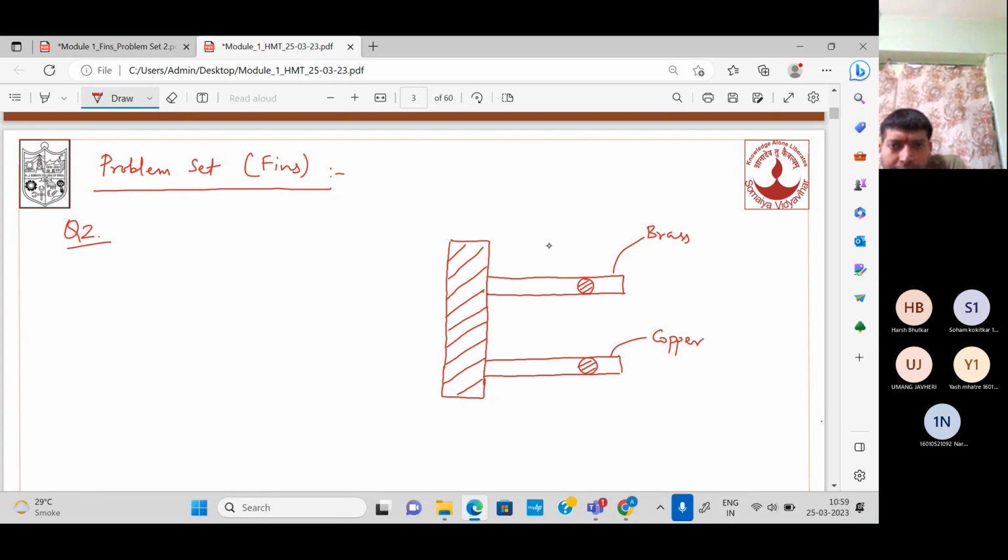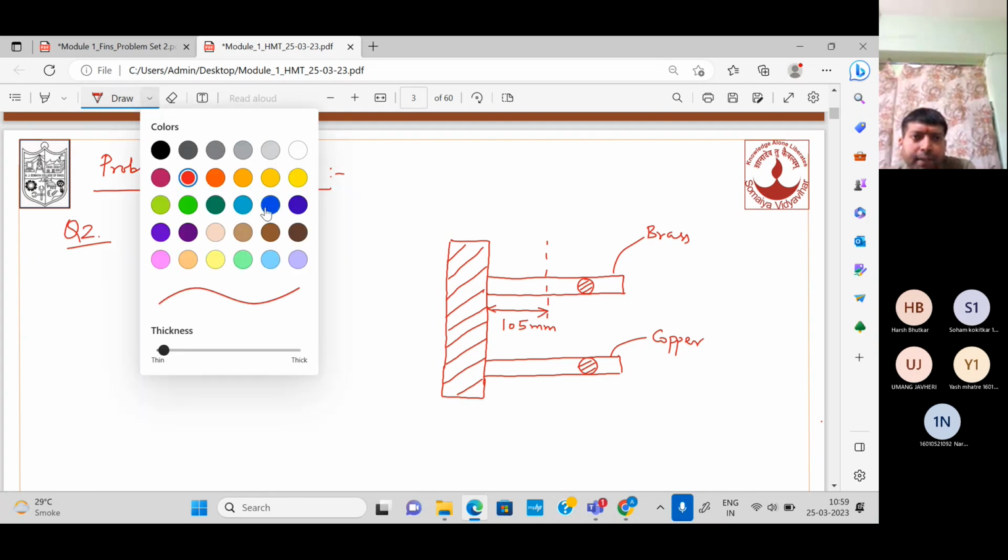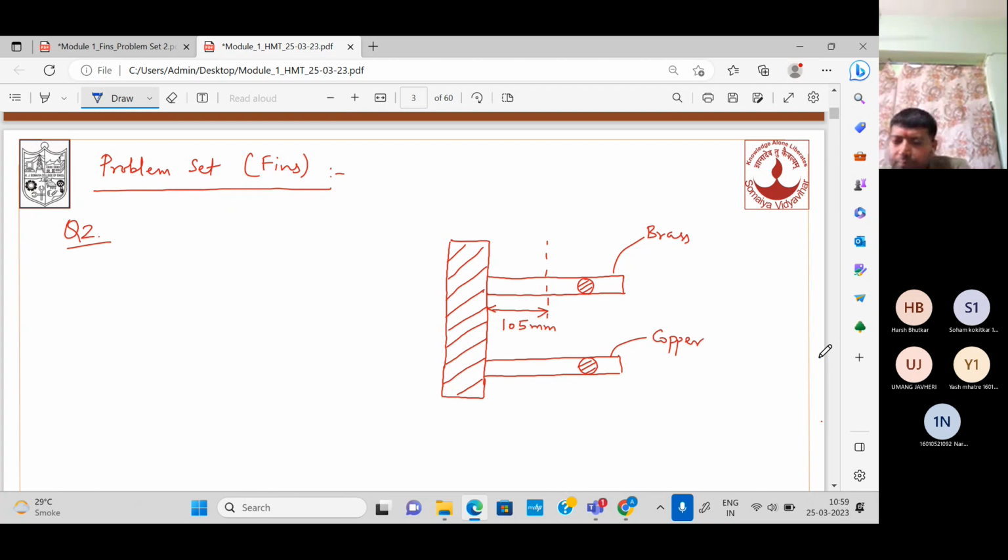So you can see at a distance 105 mm away from the furnace, the temperature is maintained as 120 degrees Celsius.